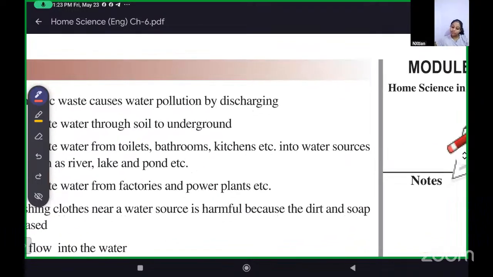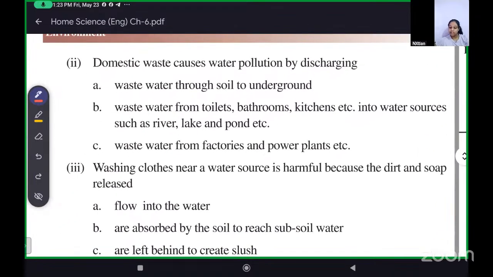Then, domestic waste causes water pollution by discharging: B, wastewater from toilets, bathrooms, kitchen, etc. into water sources such as rivers, lakes, and ponds. What is the meaning of domestic? It means our homes.